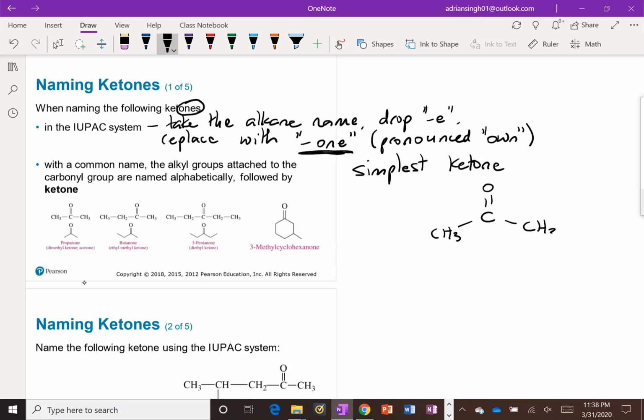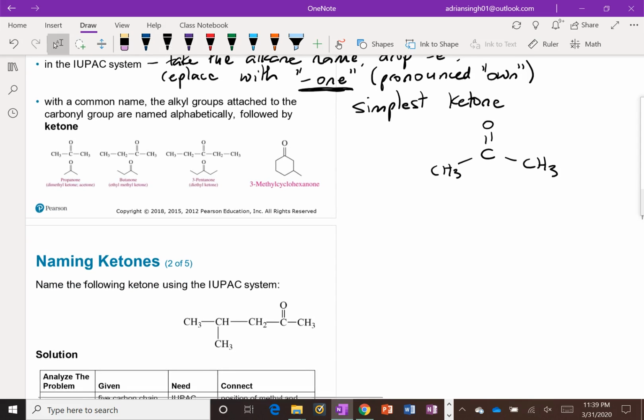Which will be 2 methyl groups. So here we have 1, 2, 3 carbons. So that would be propane, the corresponding alkane. We drop the E and replace it with O-N-E, so the systematic name for that would be propanone, right?